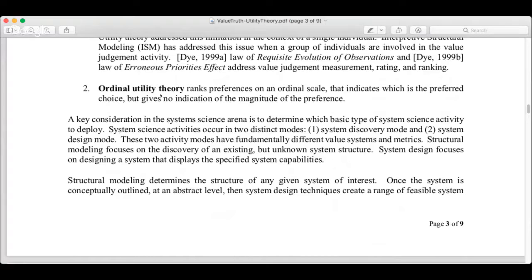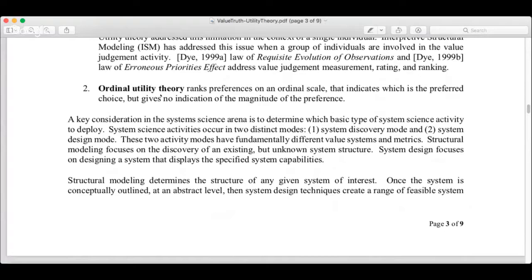So given this, the key consideration for system science is to determine which basic types of system science activity to deploy. And there are two distinct modes of systems activity. One is system discovery mode, and the other is system design mode.